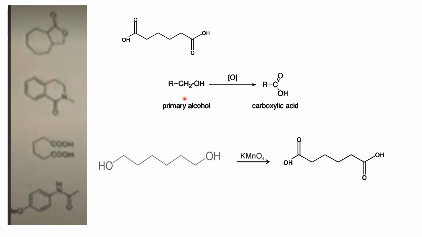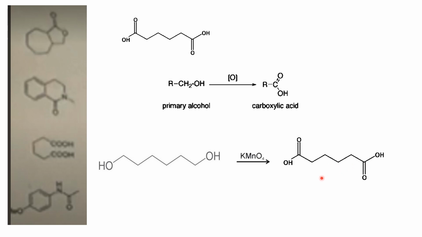Now, we have to remember how do we produce carboxylic acid? We can also produce carboxylic acid from oxidation of primary alcohol, like this one. Okay, so oxidizing agent is potassium permanganate. So if you have a 1,6-diol, 1, 2, 3, 4, 5, 6, a 1,6-diol, reaction with potassium permanganate or oxidation with potassium permanganate will also give you a dioic acid, hexane dioic acid.